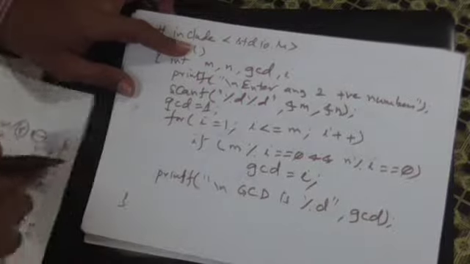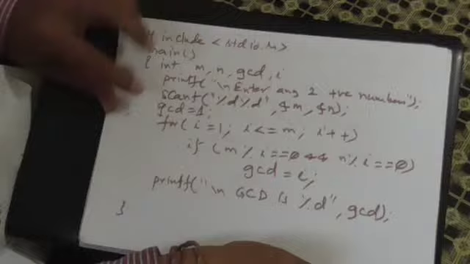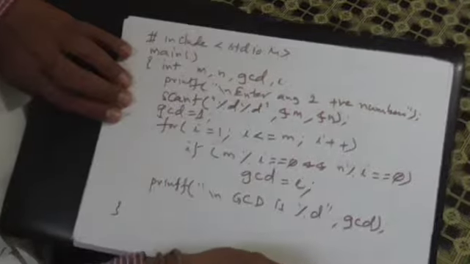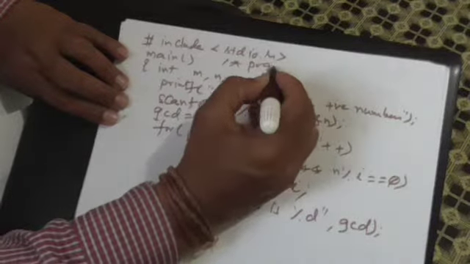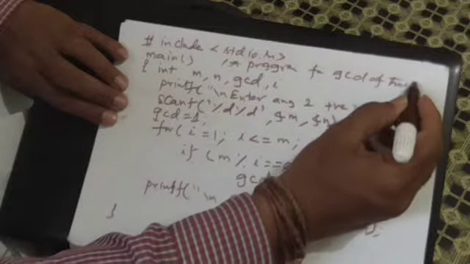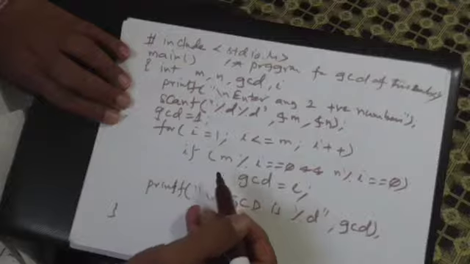First, as a C program, I am saying it is a program for the GCD of two numbers. I have commented it.